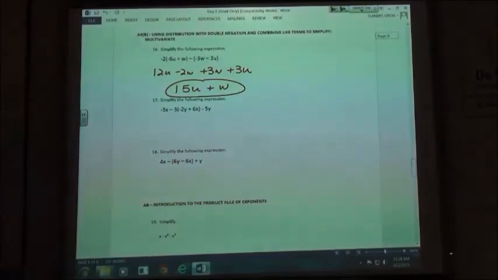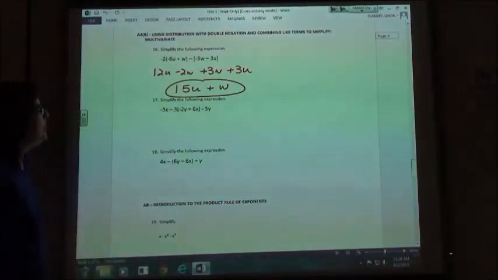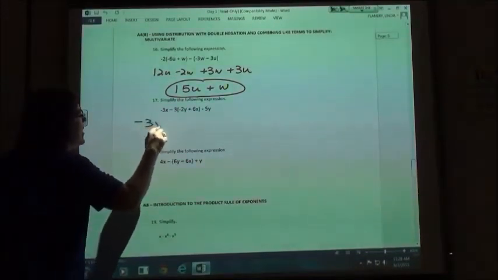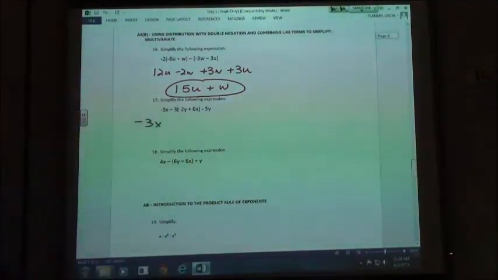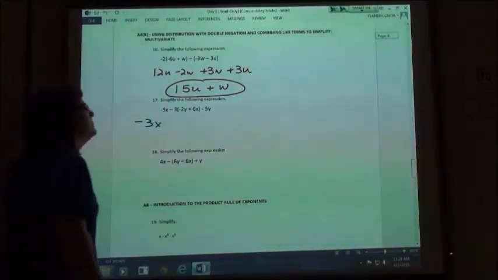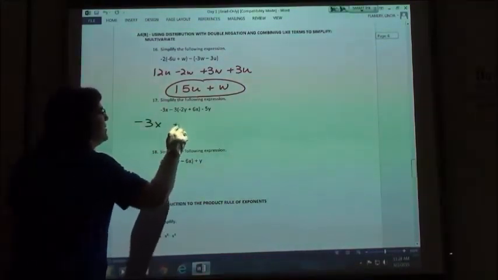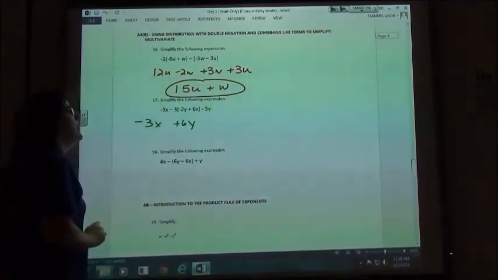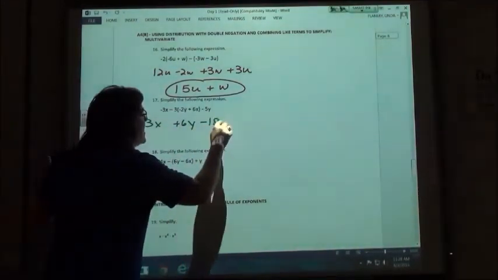So number 17, if we're simplifying that expression, we would have to get rid of the parentheses in the middle first. So I'm going to bring down the negative 3x. And then if I multiply by that negative 3, I would get what? Positive 6y minus 18x.